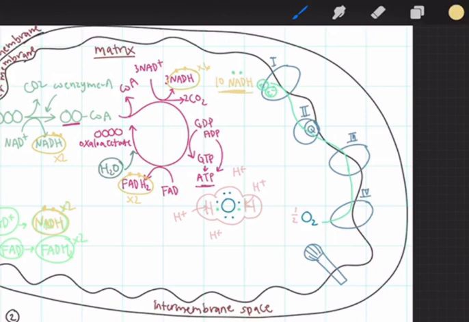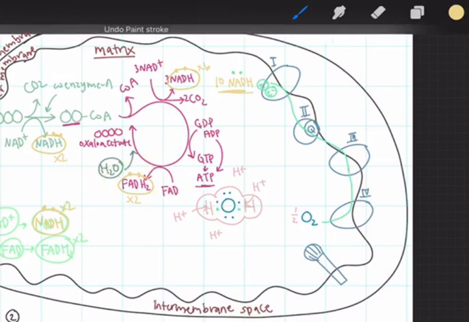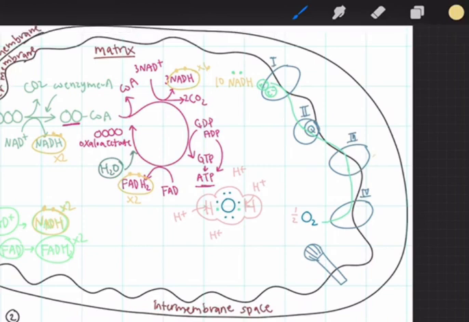What about FADH2? FADH2 is going to donate its electrons to protein complex 2. The reason being that FADH2 is less able to donate electrons. It's going to donate electrons at a later stage where there's less free energy.